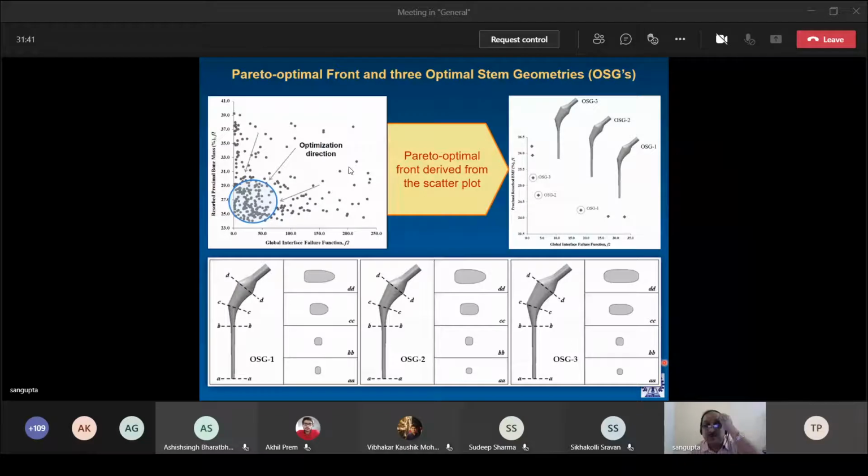Okay, but one thing to note here is that if you concentrate on the portion A to B, the distal part of the implant, you can see for all the designs, the optimal stem geometry 1, 2, and 3, these are almost very, very similar.